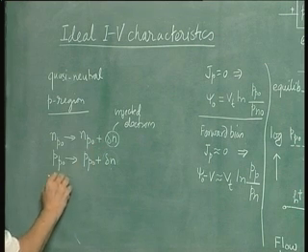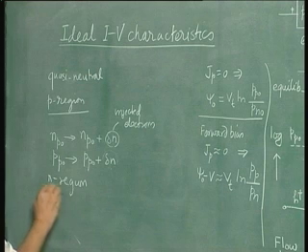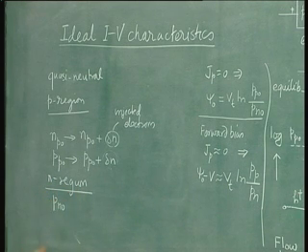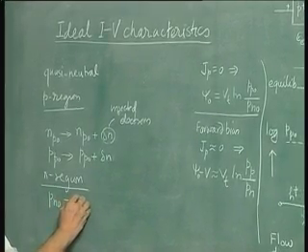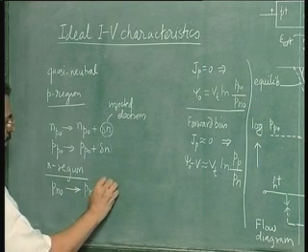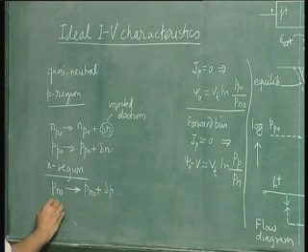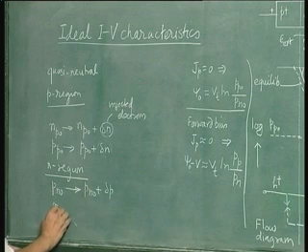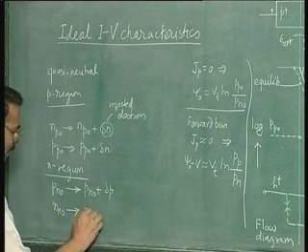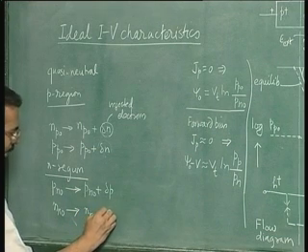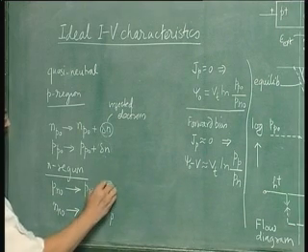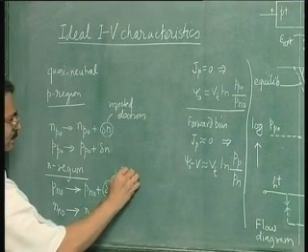So in n region, similarly, one can write the Pn0, the minority hole concentration gets changed because of injection of holes from p side to Pn0 plus delta p, and to keep charge neutrality, the majority electron concentration also changes from Nn0 to Nn0 plus an excess electron concentration, which is equal to this injected hole concentration.